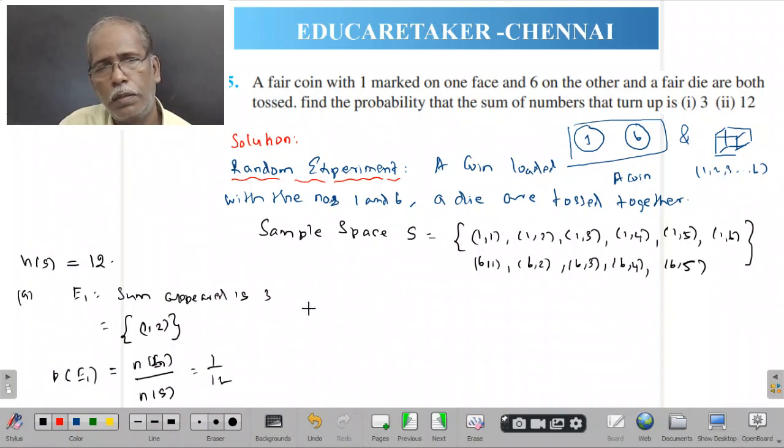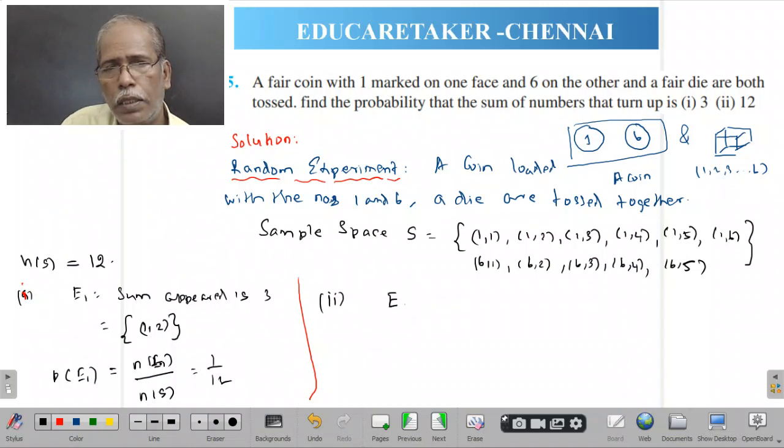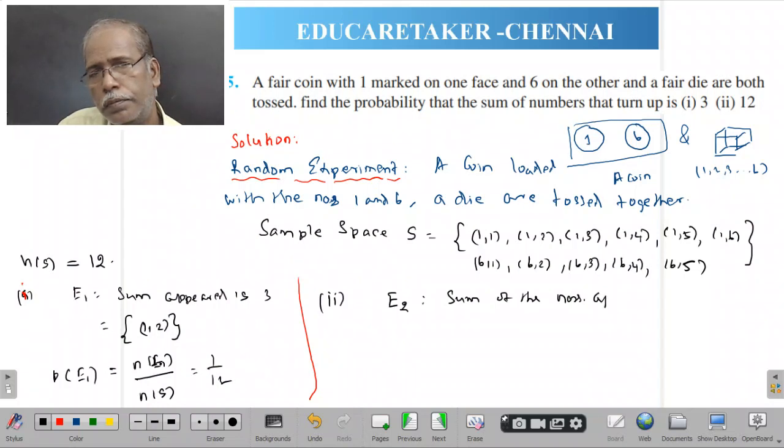Dear student, we have completed the first subdivision. Then for the second subdivision, let us introduce another event E2 to mean the sum of the numbers appeared is 12.